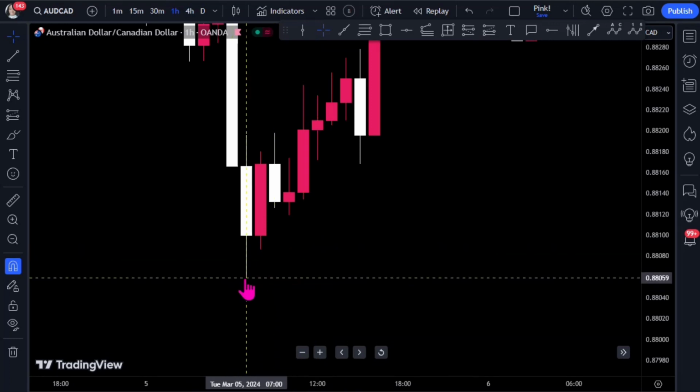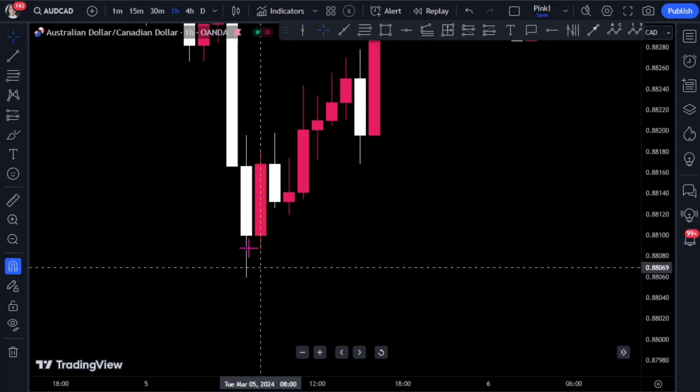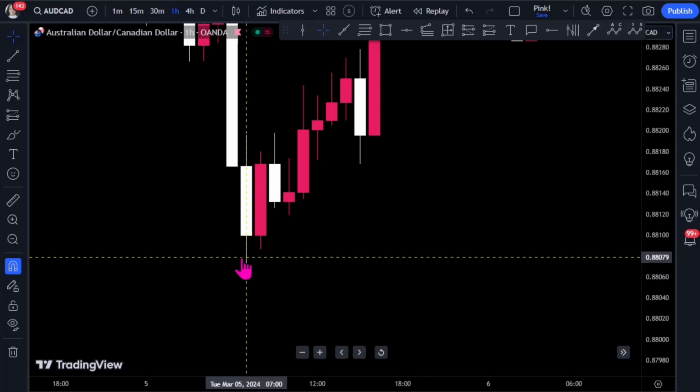The reason why I've used wicks for the entire time I've been doing this is because I mark up on higher time frames. That's how I was taught. So if I'm doing a markup on a higher time frame, like a weekly, a daily, or a 4-hour, the information in the wicks on higher time frames converts to candles or bodies on lower time frames.